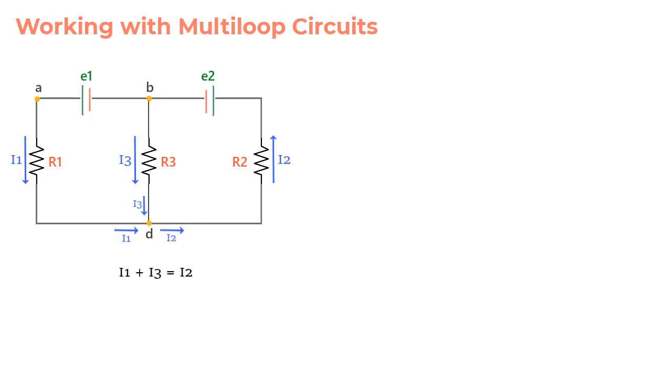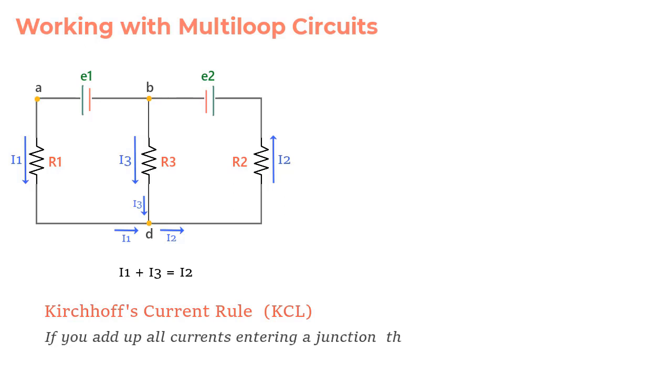Well, this is nothing but Kirchhoff's junction rule, or Kirchhoff's current law, very often written as KCL, and it states that if you add up all currents entering a junction, then it should equal the sum of currents leaving the junction. It is quite a simple rule that tells us that the charge is conserved if there is a steady flow of charge.